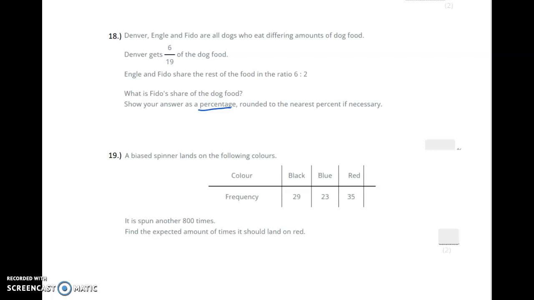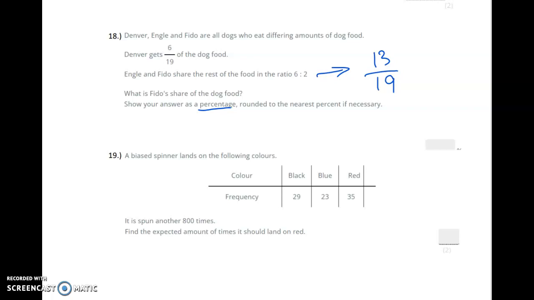So Denver gets 6/19 of the food. So the rest of it is shared in the ratio. If Denver gets 6/19, then the rest of it, these two, are going to get 13/19.